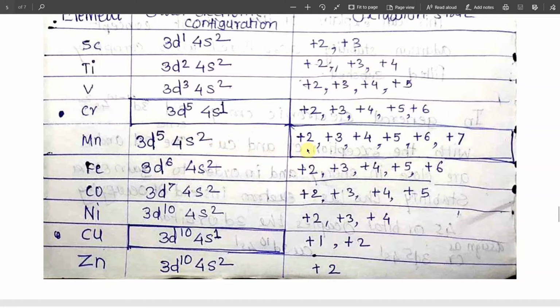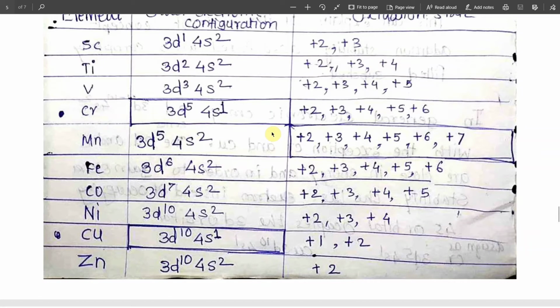The elements which we have to observe here, in which +2 and +3 are the common oxidation states. You have to observe manganese, Mn.